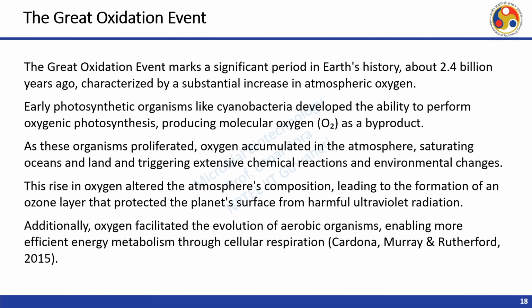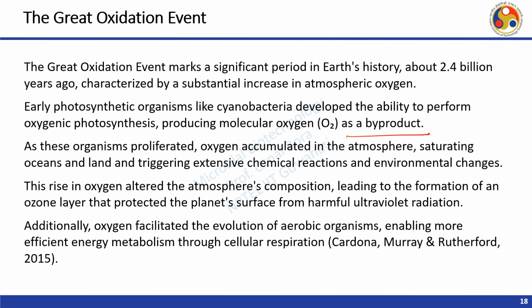The great oxidation event. The great oxidation event marks a significant period in Earth's history, about 2.4 billion years ago, characterized by a substantial increase in atmospheric oxygen. Early photosynthetic organisms like cyanobacteria developed the ability to perform oxygenic photosynthesis, producing molecular oxygen as a byproduct.